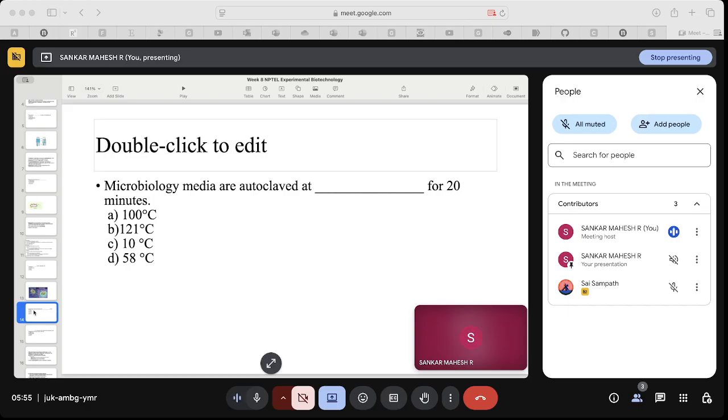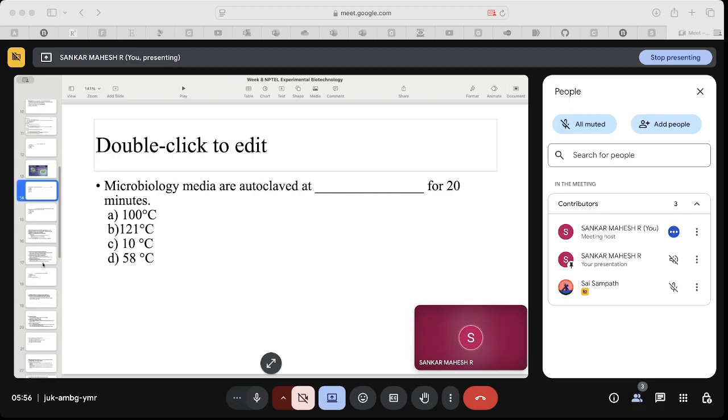And do you also happen to know at what pressure we do this? I don't know, sir. I think one, or five units, PSI. Yeah, so it's actually 15 psi. Okay, okay. So it's 15 psi, 20 minutes, 121 degrees Celsius. That is the autoclave cycle.